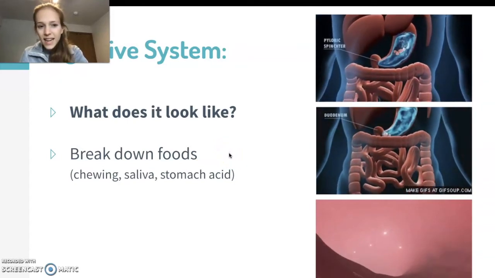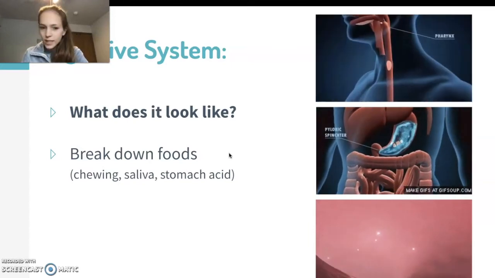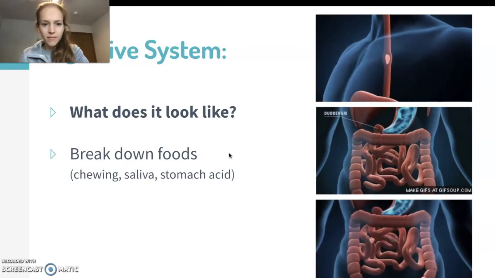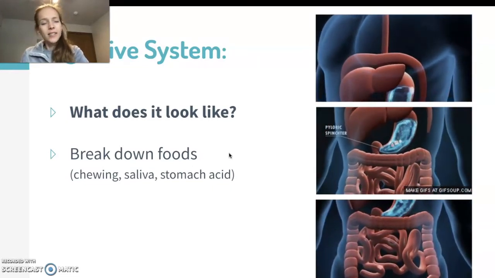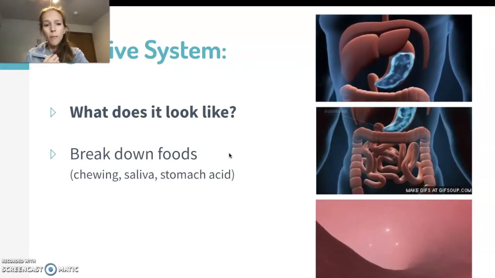Now, stomach acid, guys, is really nasty stuff. It is so acidic, and acids can just break things down, dissolve them, if you will. And so this is why, if you think back to that awful time when you maybe got sick and threw up, that's why your throat burns.